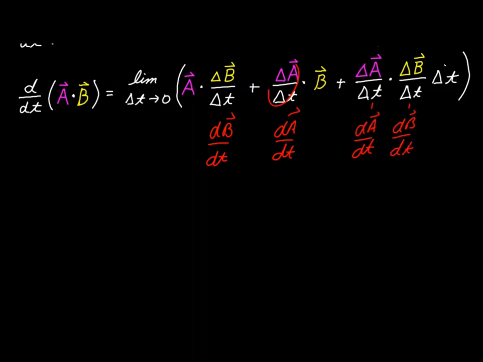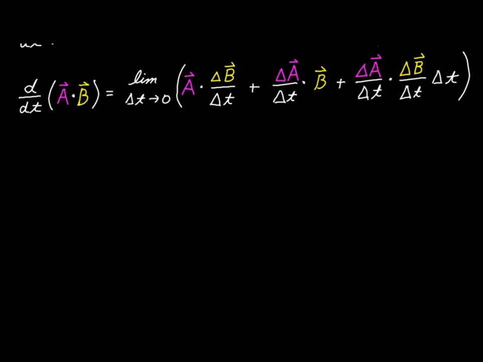However, what is the limit of this last extra term? Well, that's not a ratio, it's just a factor. So what happens to delta t as delta t goes to 0? Its limit is 0. Therefore, the 0 factor is going to cause this last term to drop out completely.